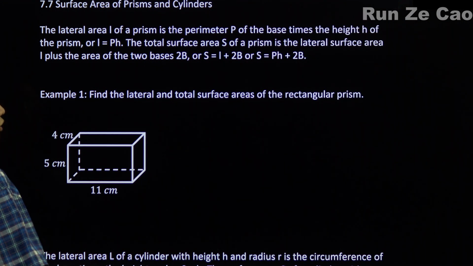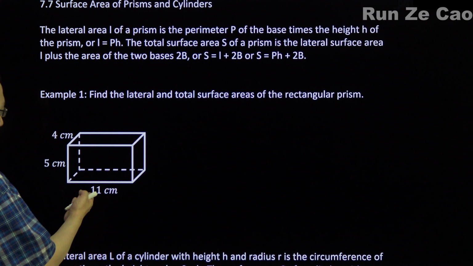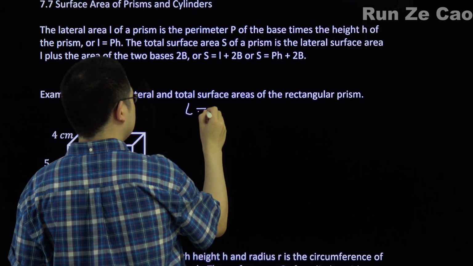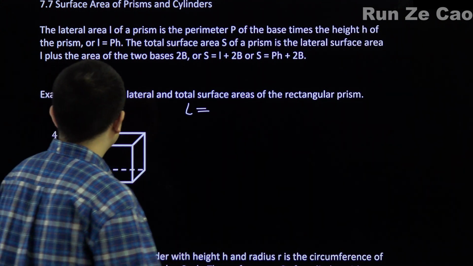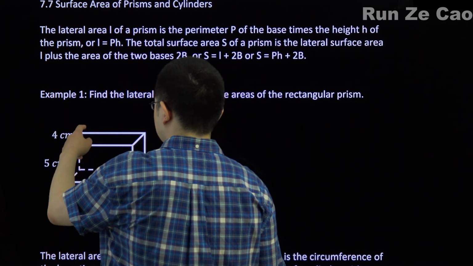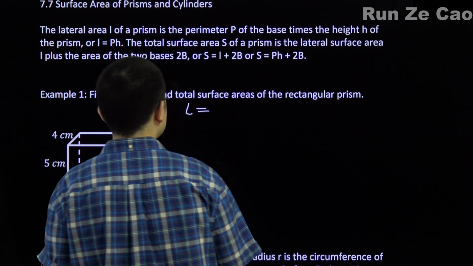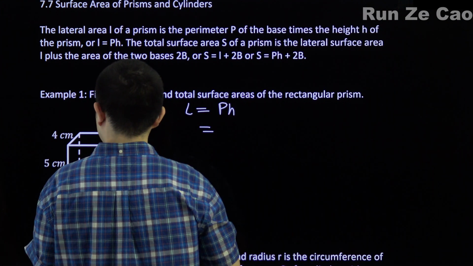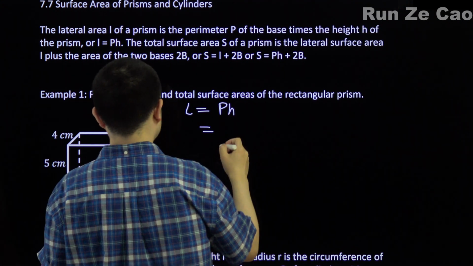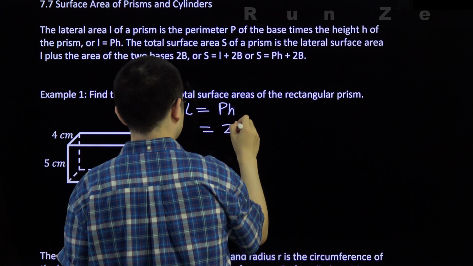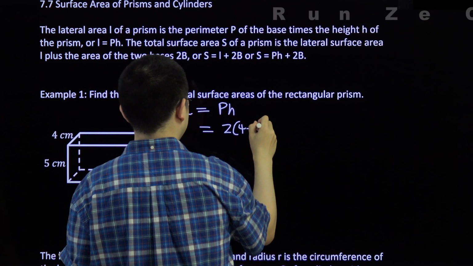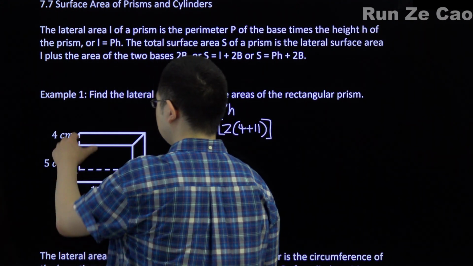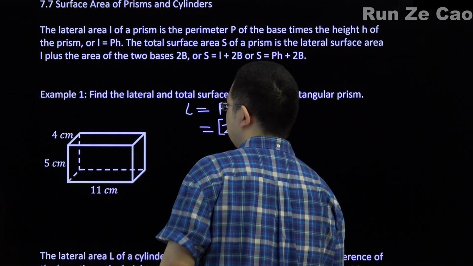So find the lateral and total surface areas of the rectangular prism. Well, lateral surface area is equal to the perimeter of the base times the height. So, perimeter of base is 2 times 4 plus 11. That's the perimeter of the base, because I chose the top and bottom sides as the base.